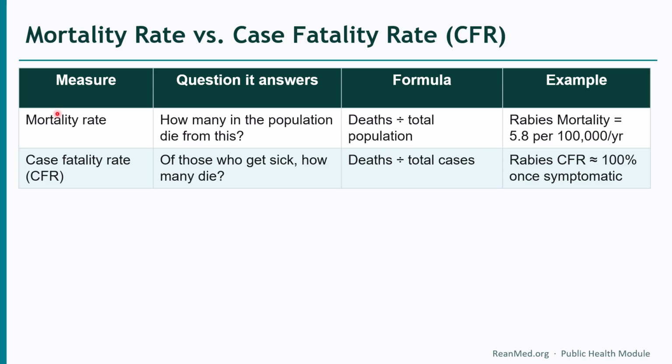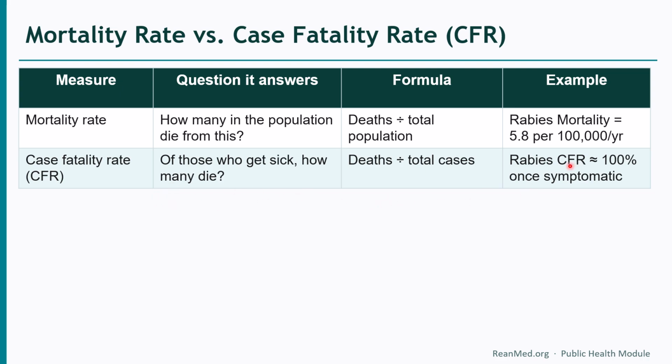But let's consider now the case fatality rate. Case fatality rate is different. Instead of starting with healthy people and seeing how many people get the disease and then die, we start with people who are already sick, people who already have the disease, and then we ask how many sick people with the disease will die.